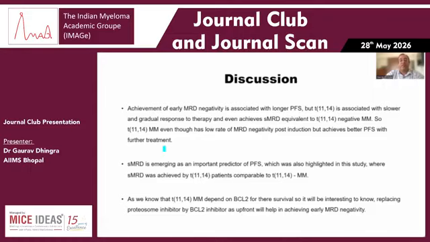So translocation 11;14 myeloma, even though it has a low rate of MRD negativity post-induction, achieves better PFS with further treatment. Sustained MRD negativity is emerging as an important predictor of progression-free survival, which was also highlighted in this study, where sustained MRD negativity achieved by translocation 11;14 patients was comparable to translocation 11;14 negative myeloma patients.